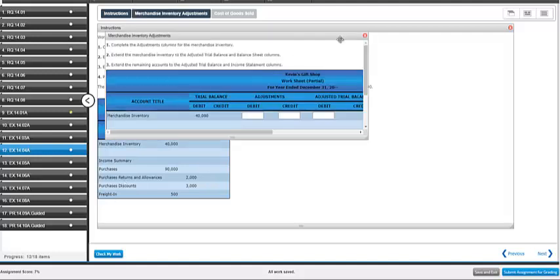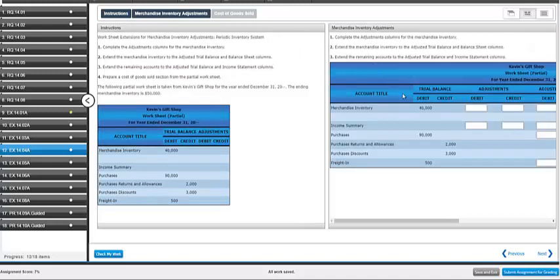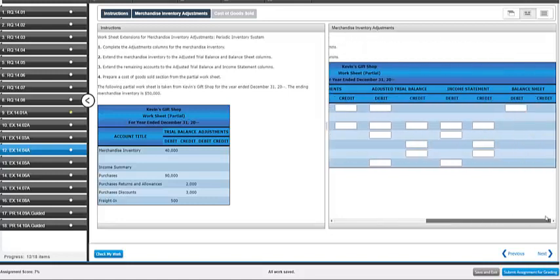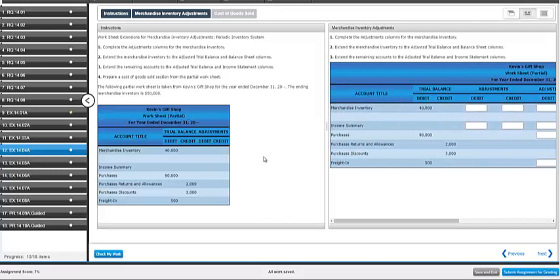And what we're going to do is enter the adjustment and then extend the accounts over to the adjusted trial balance and over to the income statement and balance sheet. Okay, so it says that the ending inventory is actually $50,000.